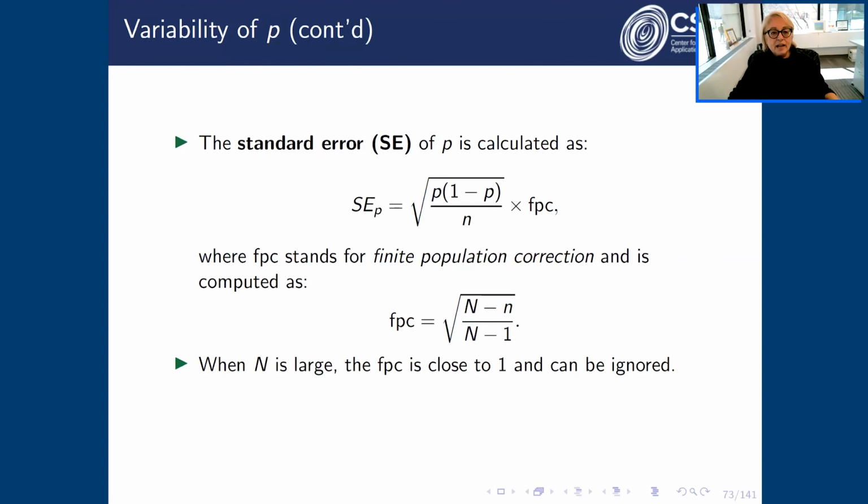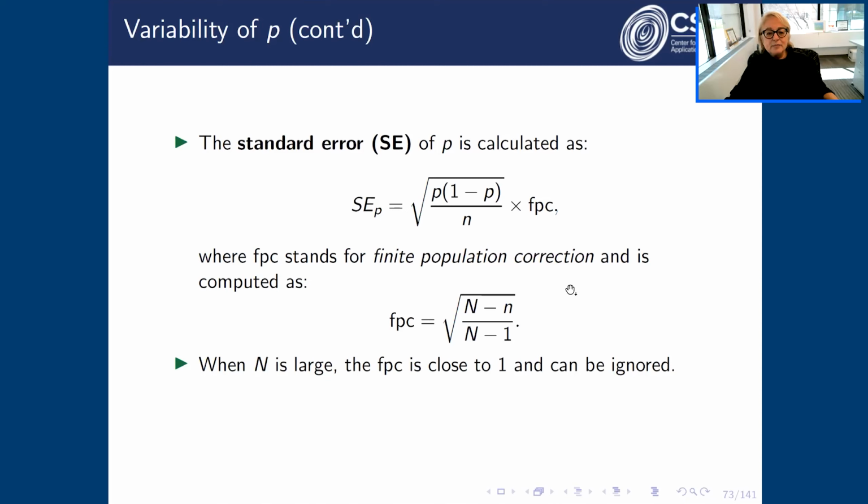So how do I compute the standard error of the estimator? The standard error of the sample proportion is computed as the square root of p times 1 minus p divided by the sample size. And because I have a finite population and I am sampling without replacement, I have to multiply by this thing called the finite population correction factor.